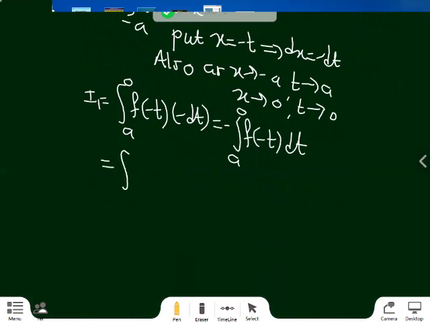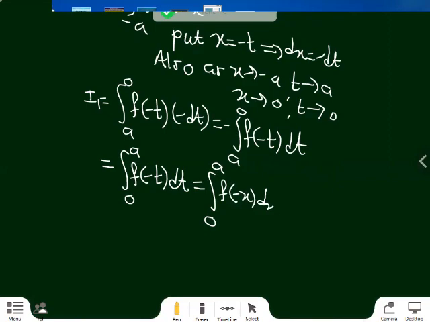So it becomes integration from 0 to a f of minus t dt. Again, by using the property that we can change the variable, this can be written as integration from 0 to a f of minus x dx.